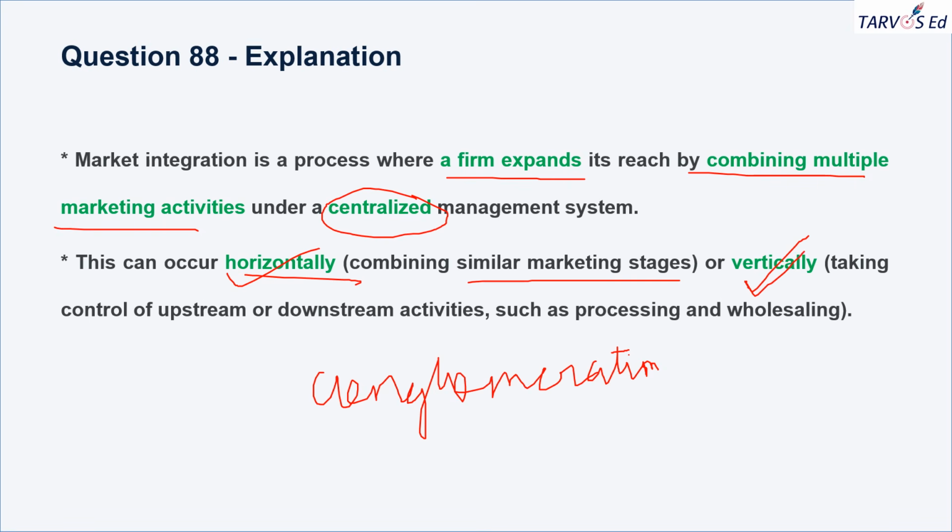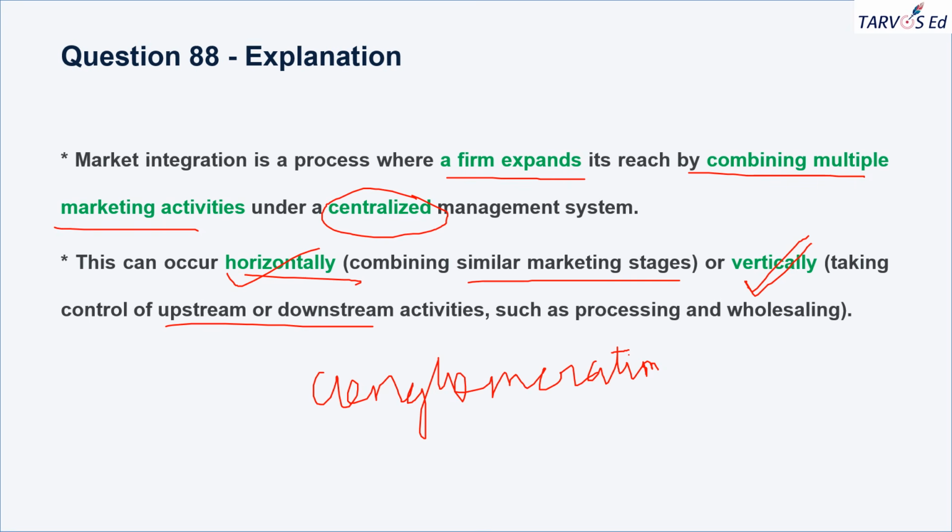So vertical integration is nothing but combining the upstream or downstream activities. For example, the person doing wholesale business, taking up the retailing also, it is an example for vertical integration. Or the same person who is doing business of wholesale, going for procuring the products, then it also comes under this vertical integration.